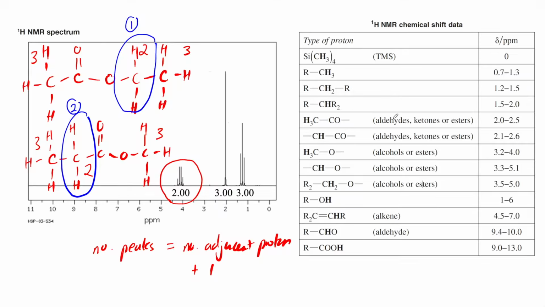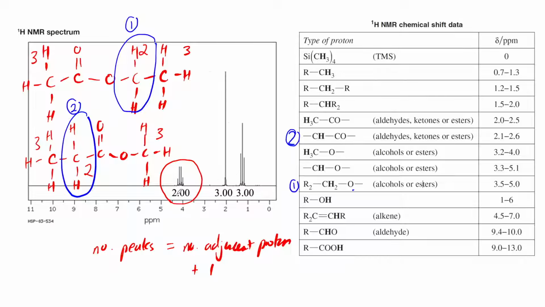If we go to the chemical shift data on the right hand side, we should go through the list and identify these 2 proton environments. The first proton environment is over here, where the 2 protons are bound to a carbon atom that's next to an oxygen via a single bond. The second proton environment is this one, where the proton is next to a carbon atom that's adjacent to the carbonyl carbon, which is the carbon atom with a double bond with the oxygen atom.